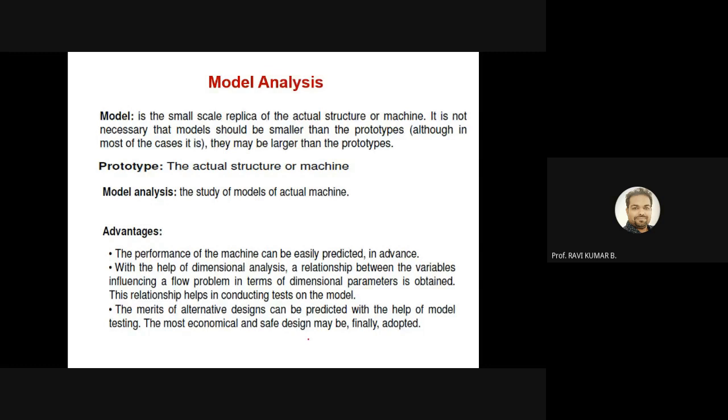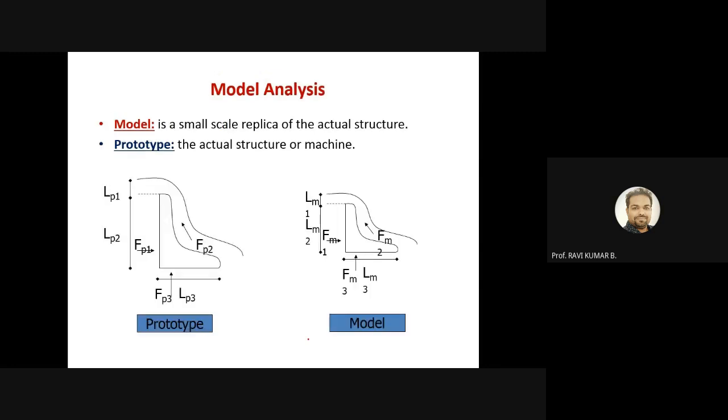This is one concept. As we have already said, model and prototype, you might now know the difference. A model is a small scale replica of the actual structure. Let's suppose a spillway through which water is going, this is the actual structure, having lengths LP1 over here and LP2 somewhere here, and force is acting like this. All these parameters, all these variables, can be scaled down to the smaller size, which is called the model.